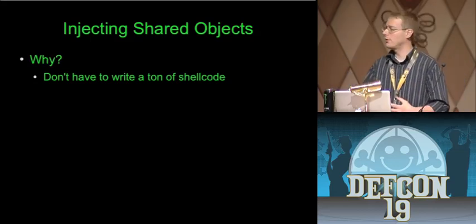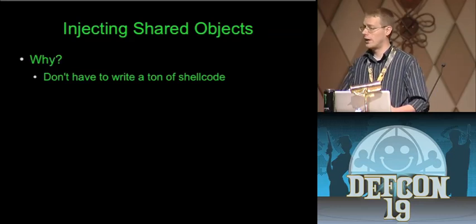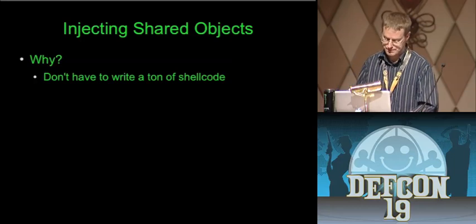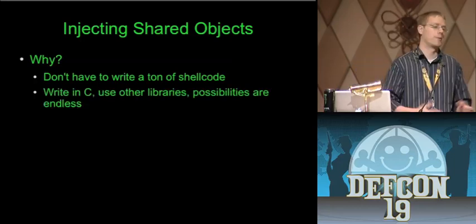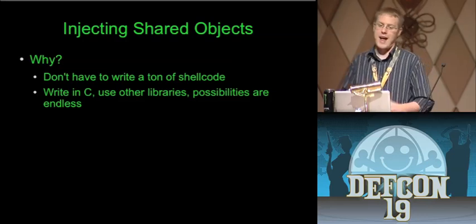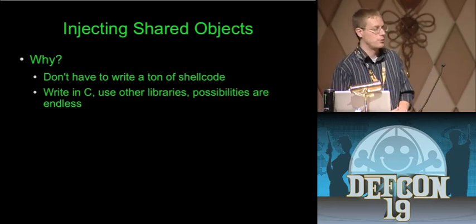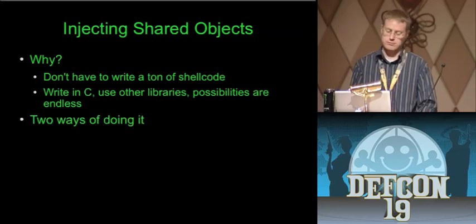It doesn't allow you to move as freely as you would like if you needed to pwn a lot of systems in a short amount of time. So what we want to do is write in C or use other libraries. The possibilities are endless. You could write your malicious code in Haskell or Erlang if you wanted. I don't know why you would, but you could.